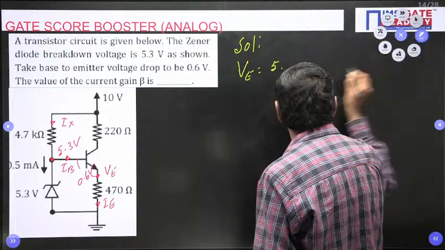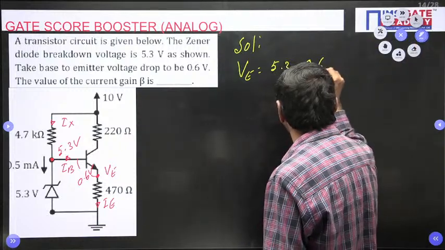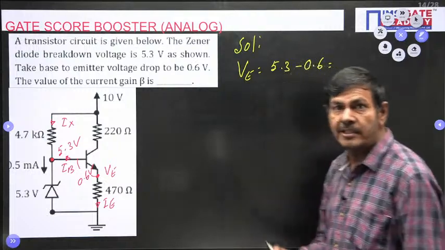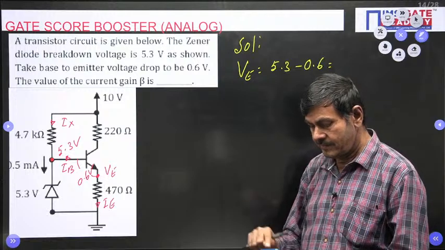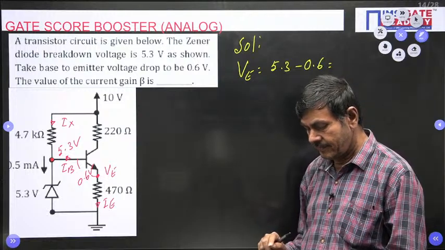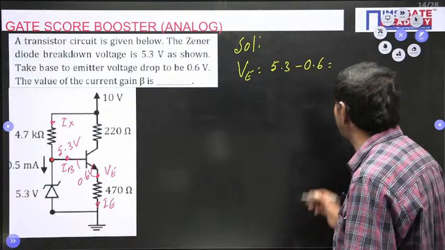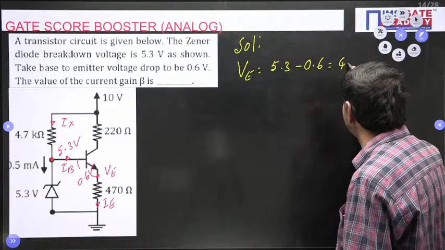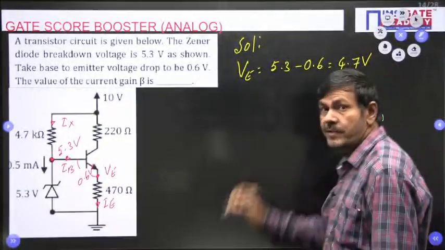You calculate its value, how much does it come to? This value is around 4.7 volts. That much emitter voltage we are getting now.